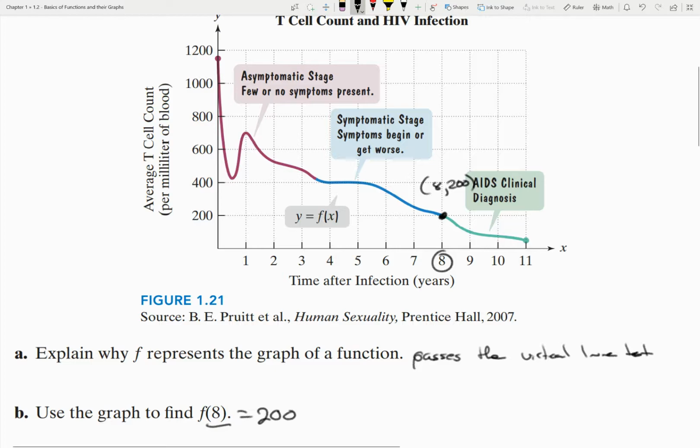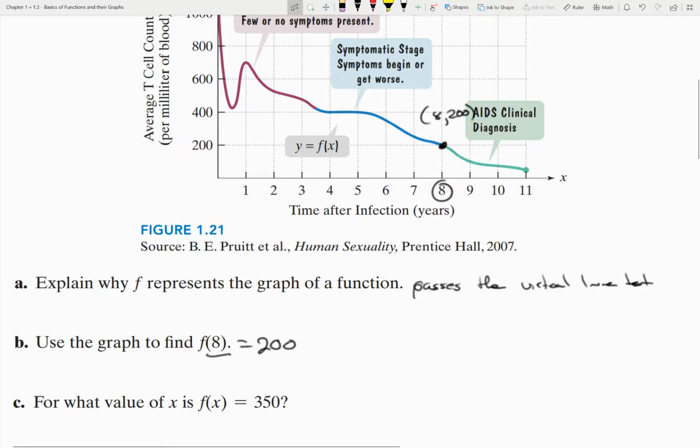So f of 8 is equal to 200. For what value is f of x equal to 350? Now this is an output. Okay, looks like these are going by 200, so that's 300. That's 350. It looks like that's about right there. So f of 6 is equal to 350.